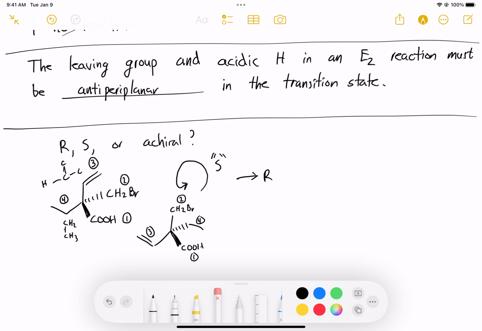As long as either the highest priority is on the wedge or the lowest priority is on the dash, as long as one of those is good, you should be able to assign it right away. But I don't understand why this one isn't matching up. I think maybe I'm rotating it incorrectly. So yeah, sorry I couldn't figure that out.